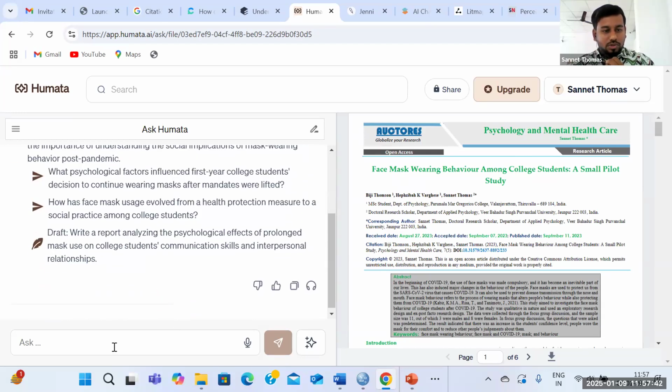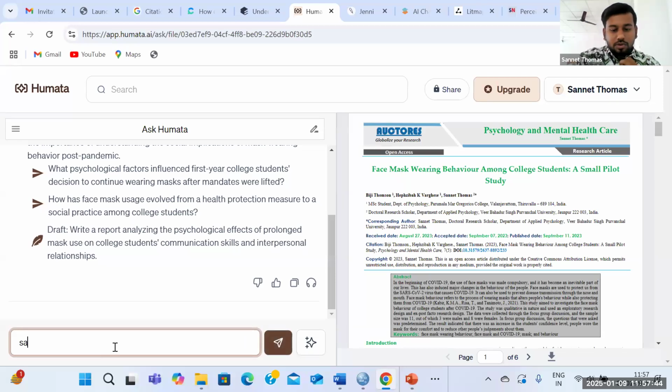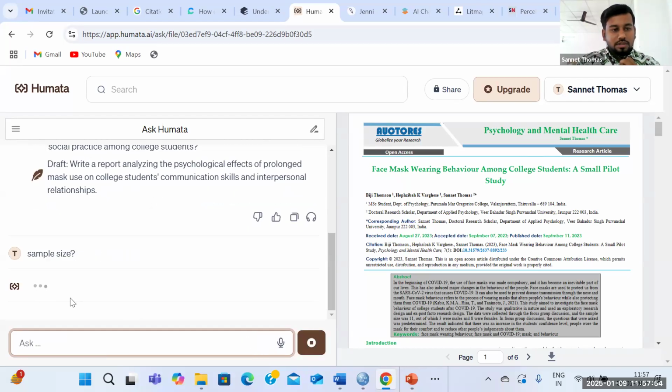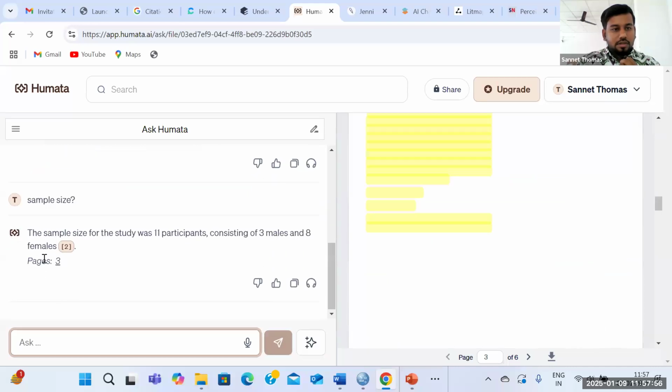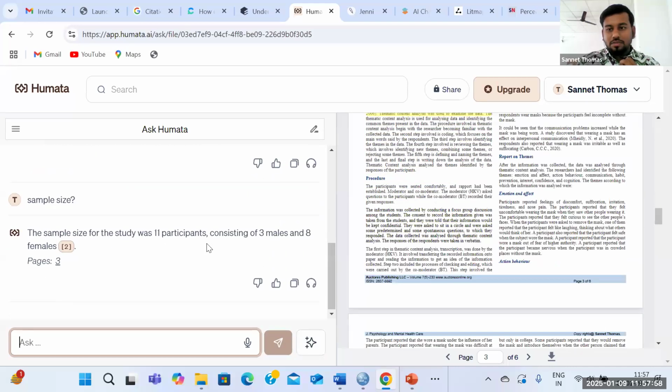And you can also ask questions if you want to know about the sample size. It will give the sample size. See, the sample size of the study was 11 participants consisting of 3 males and 8 females.